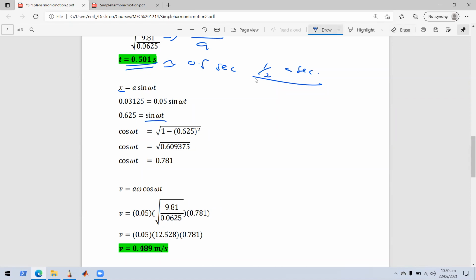Using your Pythagorean identity, which is 1 is equal to sine squared x plus cosine squared x, we end up with cosine omega t is equal to the square root of 1 minus 0.625 squared, or whatever other method you want to use to find cosine omega t.